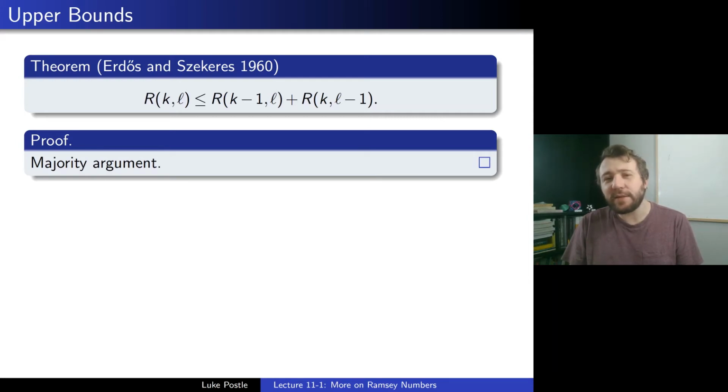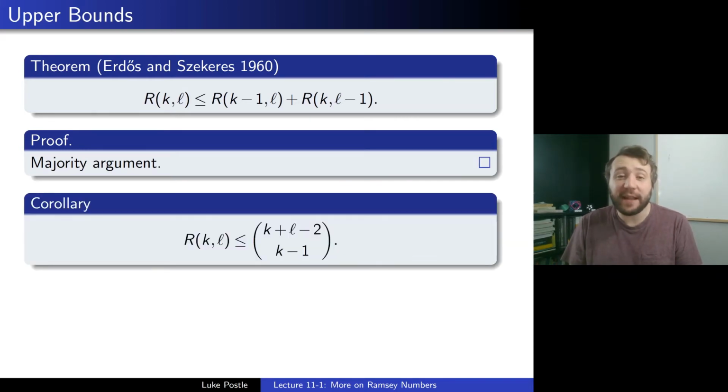This kind of expression should remind you of how binomial coefficients work. And indeed, if you understand what the base cases are, it's not too hard to get as a corollary that R(k,l) is at most (k+l-2) choose (k-1), or equivalently (l-1), as they are symmetric.